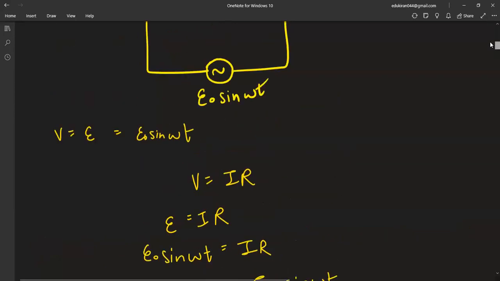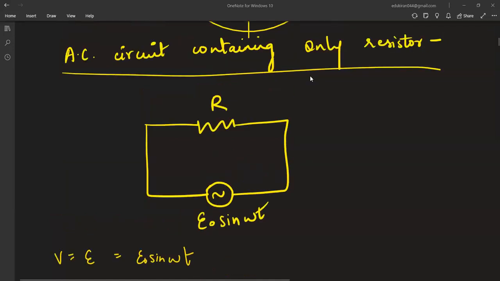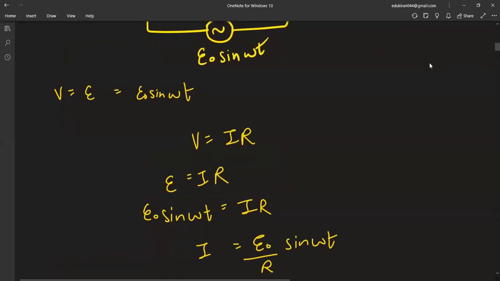Let me repeat it because of the internet. This is the case of resistor. You are having an AC circuit where only a resistor is connected. This is the value of voltage this time. We use E naught sine omega t for the EMF. So this becomes E naught sine omega t. V is equal to IR, so E is equal to IR.